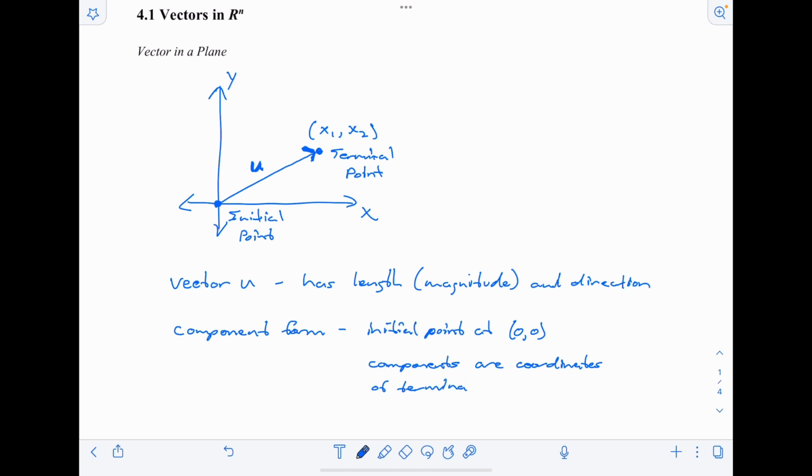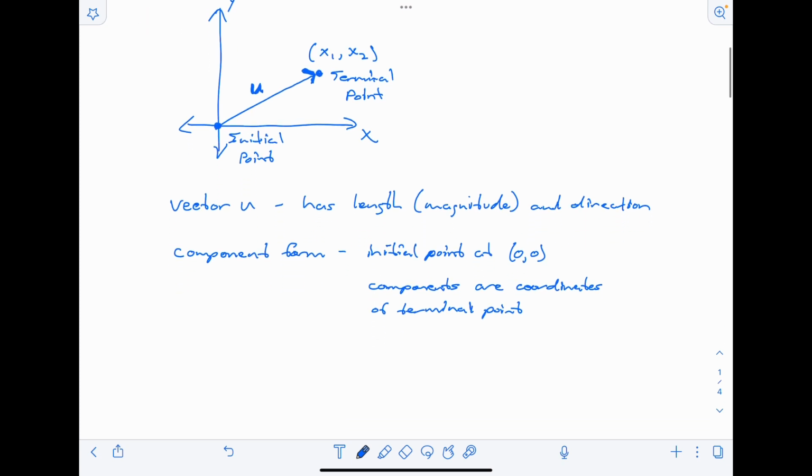So that's what we call component form. Like I said, a vector does not have to start at the origin. A vector can start anywhere you want it to. It's useful, especially when we start applying mathematical operations, to put it in this position.